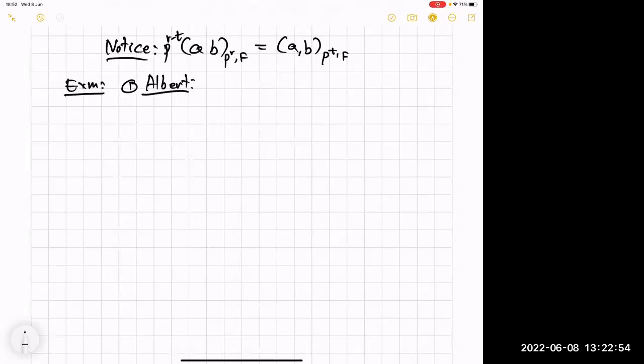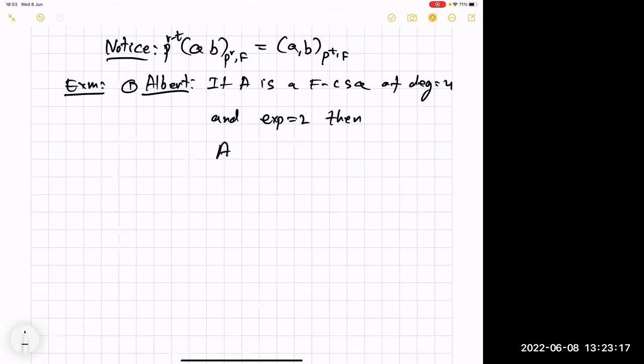This tells you that if A is an F-central simple algebra of degree 4 and exponent 2, then A is actually Q1 tensored with Q2, where Q1 and Q2 are quaternion algebras.